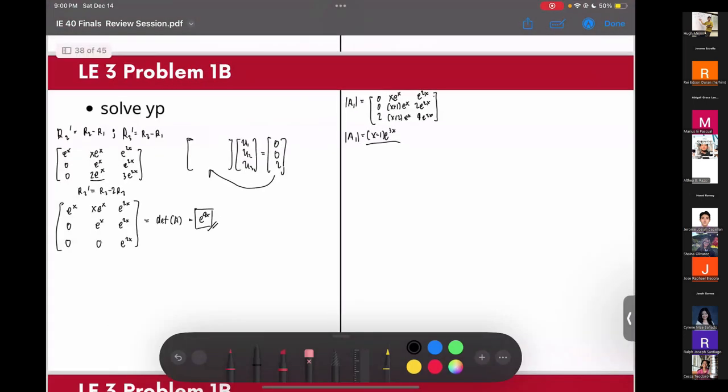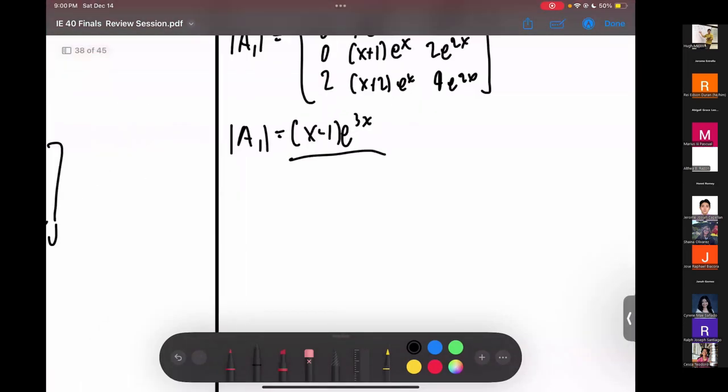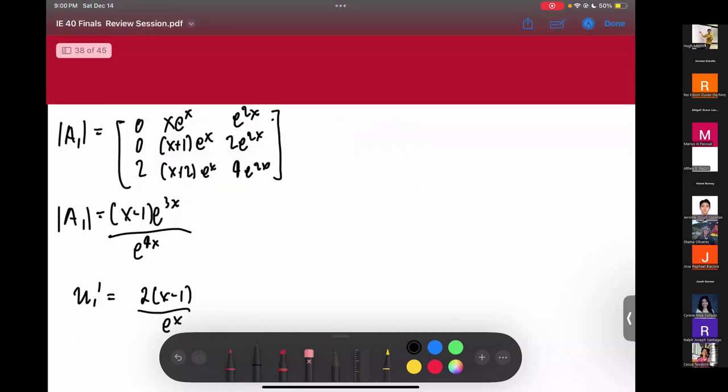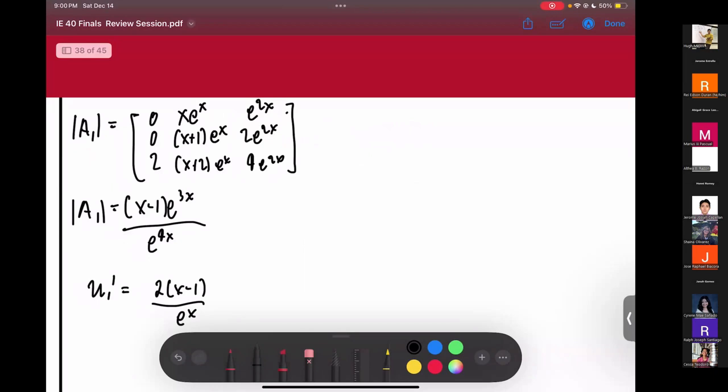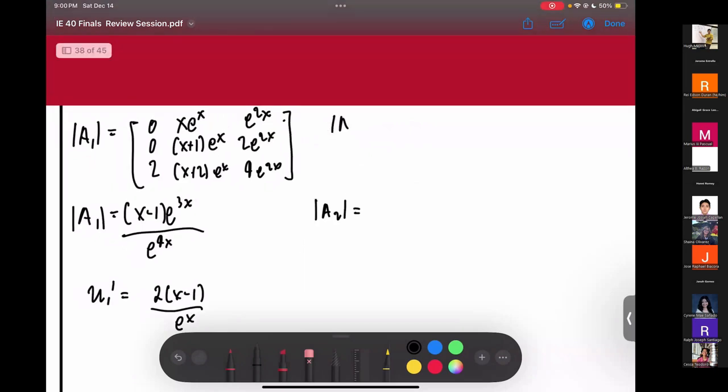So the determinant of A, which we got kanina, which is basically e to the 4x. So your final equation, so u1 prime is equal to 2x minus 1 over e to the x. Repeating this similar process, just for the interest of time, sige, I'll show some of it na rin.